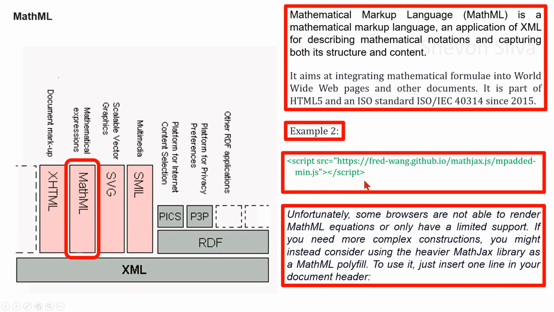If you need more complex constructions, you might instead consider using the heavier MathJax library as a MathML polyfill. To use it, just insert one line in your document header, this one.